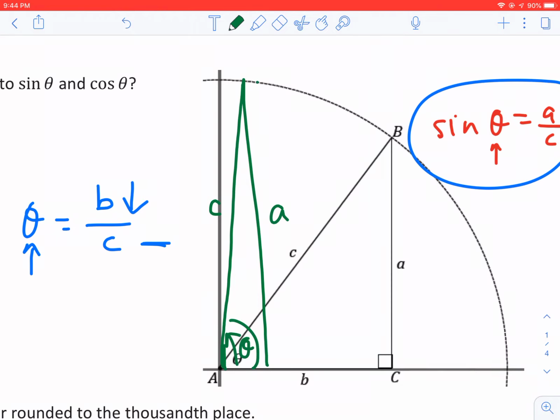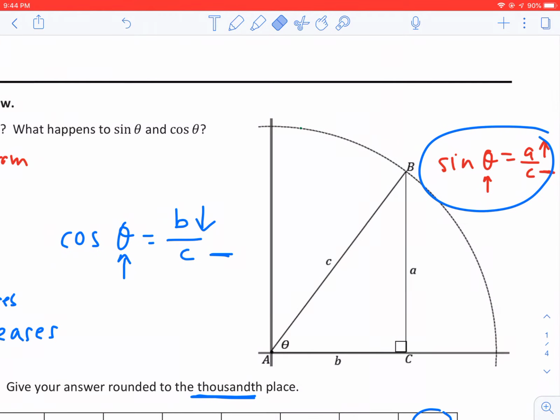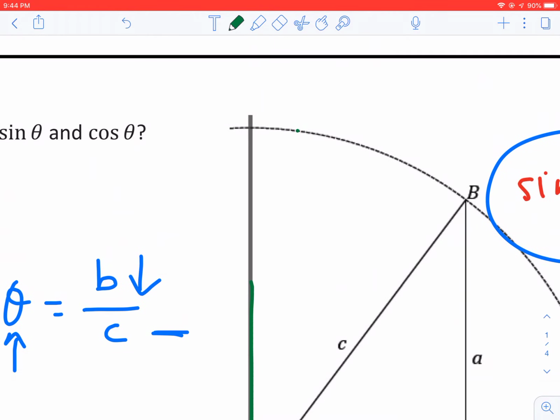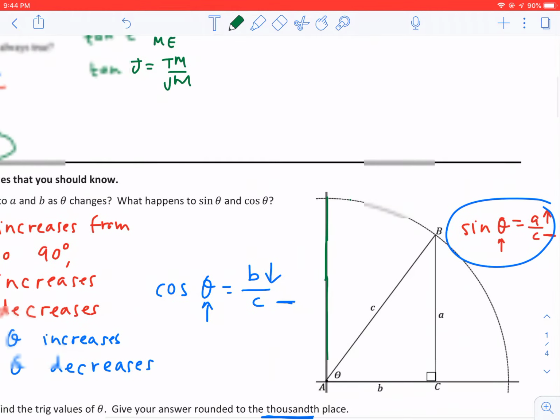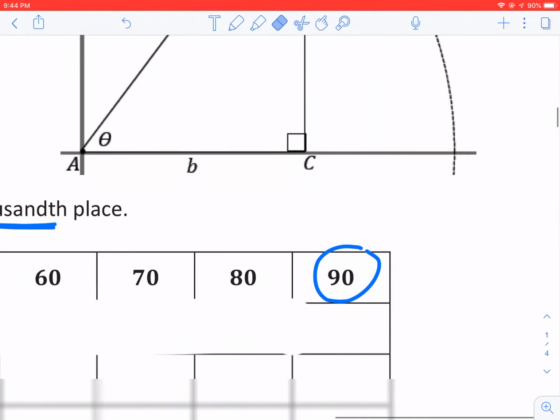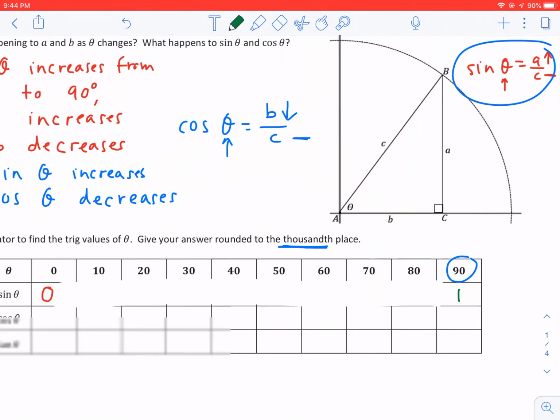Until when it's vertical, the A value and C value are going to be pretty much exactly the same. Well, at 90 degrees, they will be the same, even though you can't draw a triangle. And if A and C are the same, A over C is going to equal 1. So sine of 90 degrees is going to equal 1.